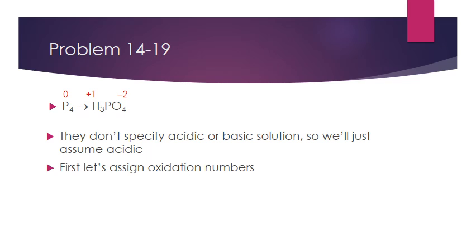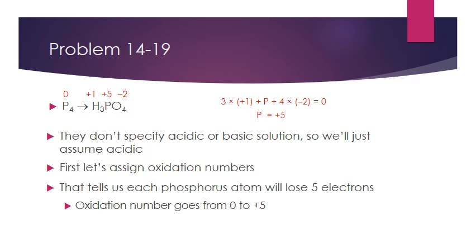So we have 3 times the +1 of hydrogen, plus phosphorus's oxidation number, plus 4 times -2 for the oxygen. That all adds up to 0. When I do that algebra, P equals +5. My oxidation number for phosphorus, +5. That tells us that each phosphorus atom is losing 5 electrons, going from a 0 oxidation state to +5.